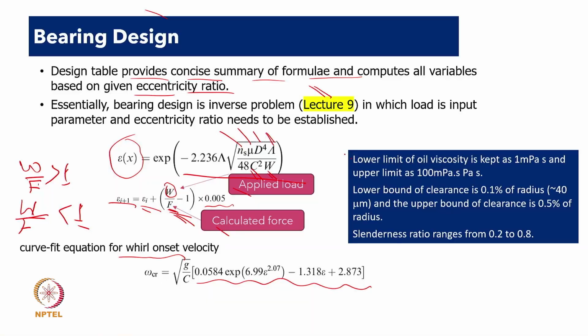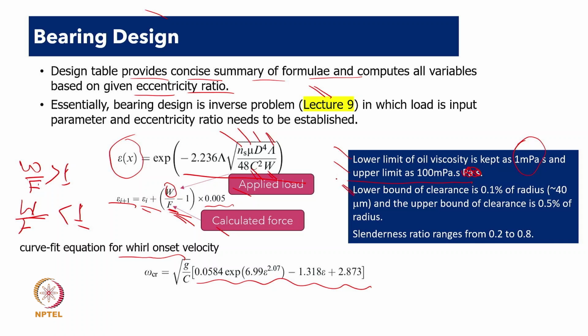Another point: when we go for the optimization, we generally keep a lower range and upper range. Here in most of my calculations, I kept 1 millipascal second as the lower limit. It cannot be lesser than water viscosity, because it's oil viscosity, and the upper limit is 100 millipascal second, the reason being that we don't really require more than 100 millipascal second.